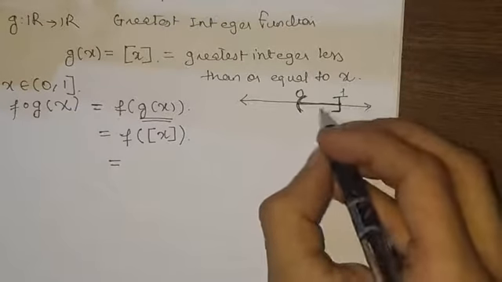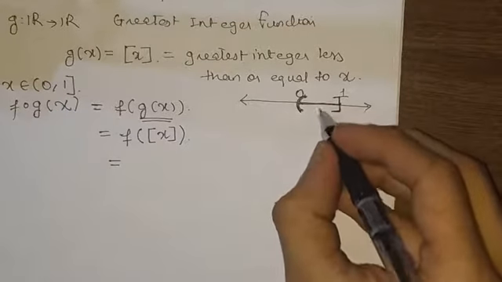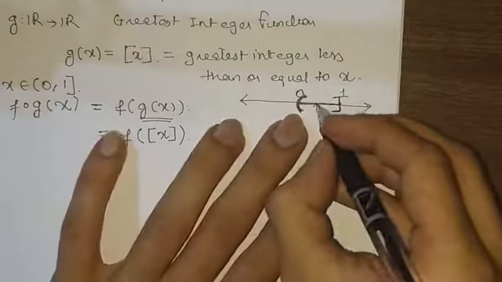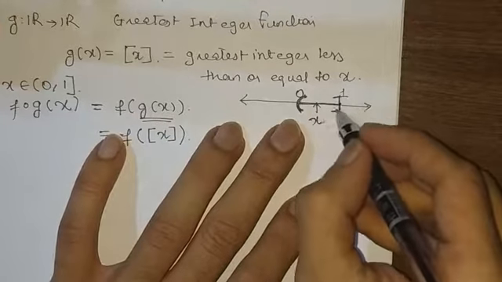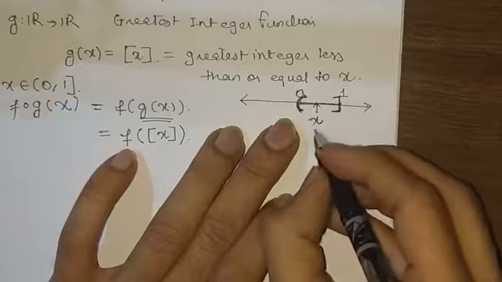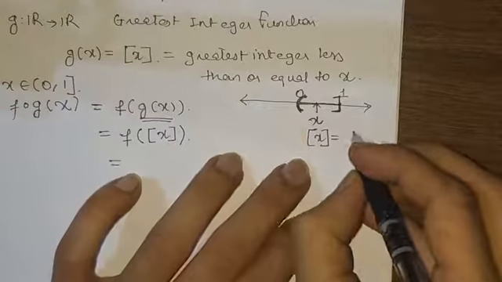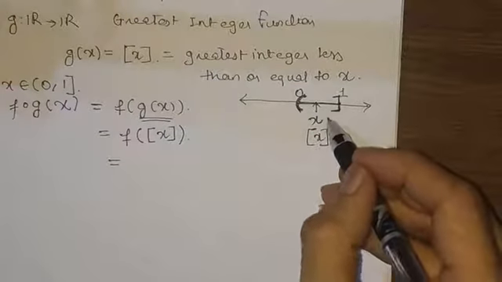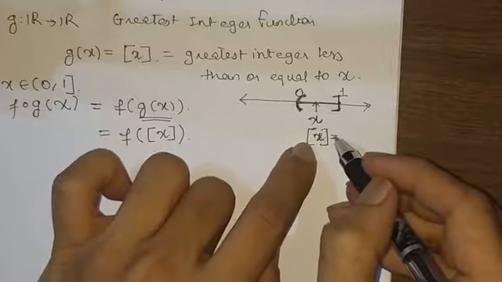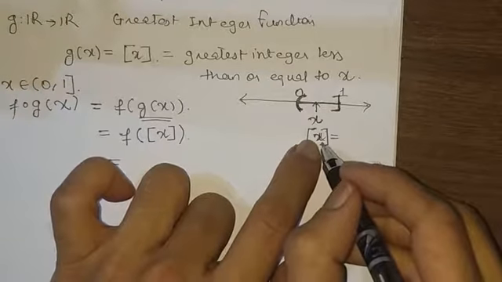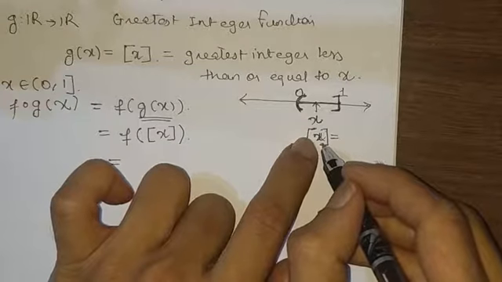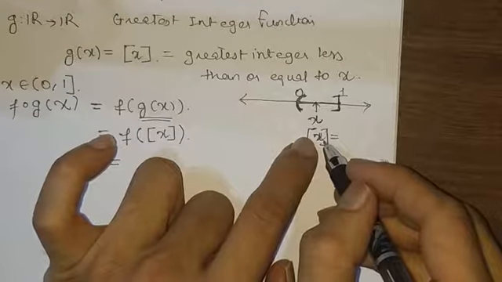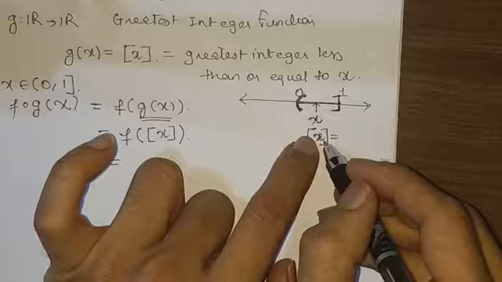Okay, now what is the greatest integer function? Suppose x is not 0, because 0 is not included. So suppose we take x between 0 and 1. What will be the greatest integer function of x? If you take any x between 0 and 1, say for example x equal to 0.5, the greatest integer function of 0.5 will be the greatest integer which is less than or equal to 0.5.